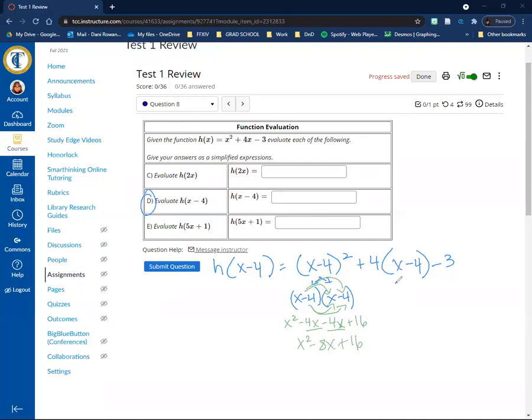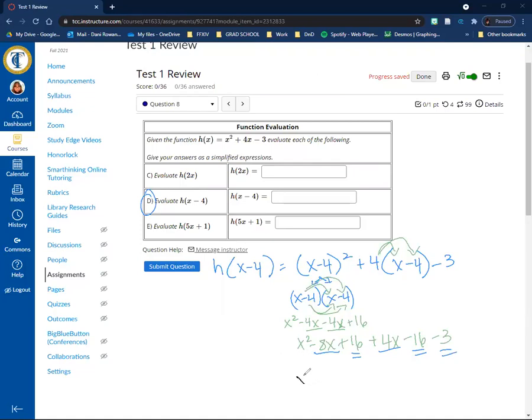We're going to bring everything else down, but we can also distribute this 4, right? So we have plus 4x minus 16 minus 3. And we can clean up. Negative 8x and plus 4x go together. And then we have 16 minus 16 minus 3.